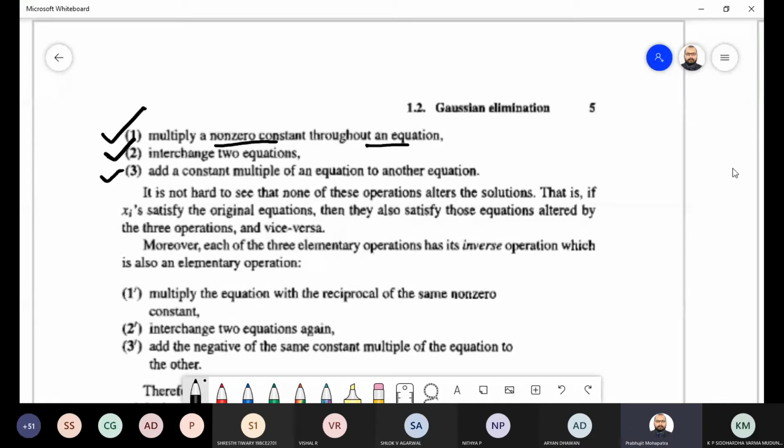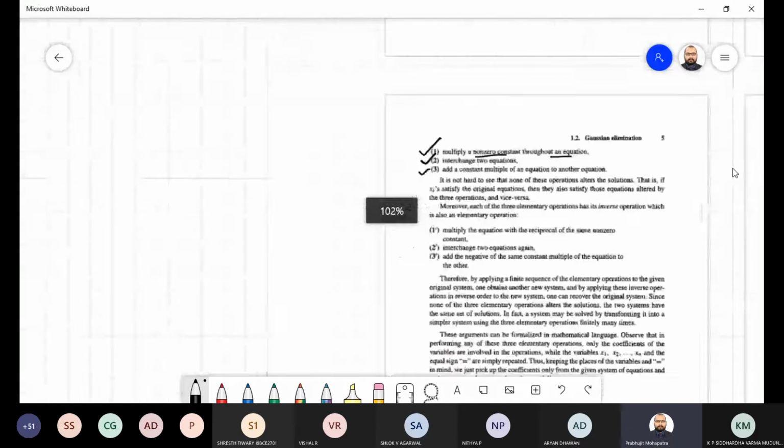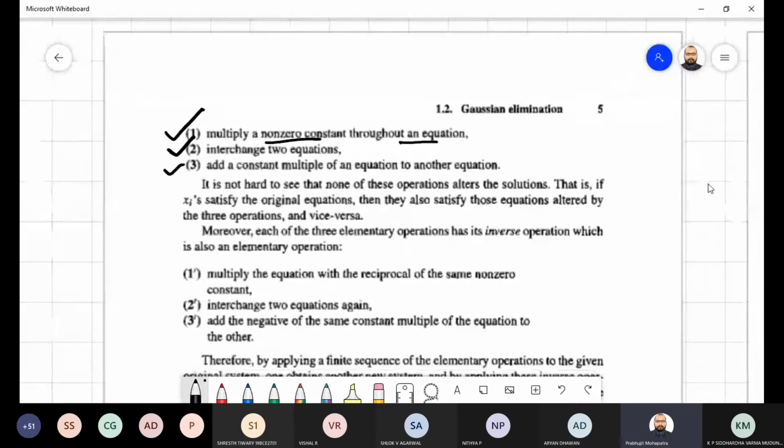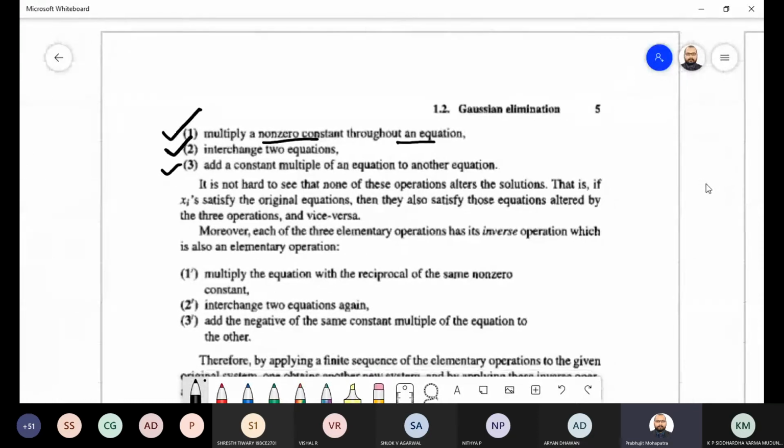Except these three operations, you cannot do any other thing. You can multiply a scalar value with any equation, you can interchange any two equations, or you can multiply a constant with some equation and add it to any equation. I am not saying that you have to add only to equation 2. You can multiply a constant with the first equation and add it to the third equation also.